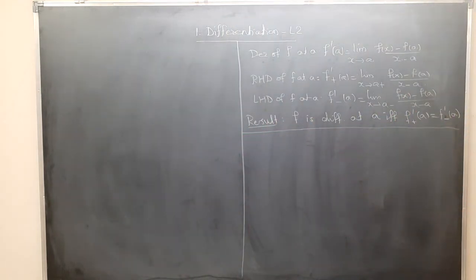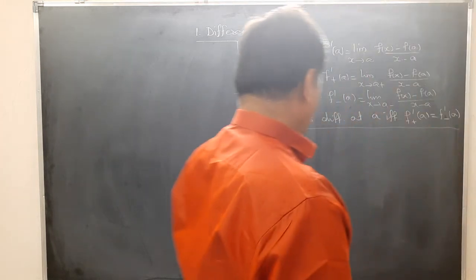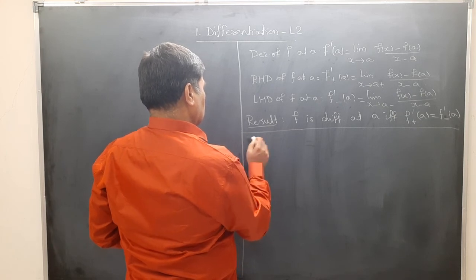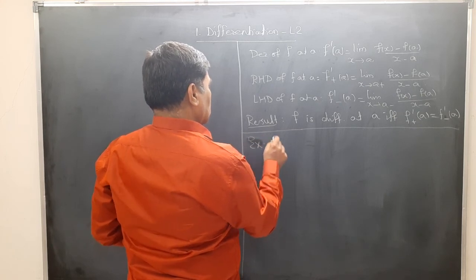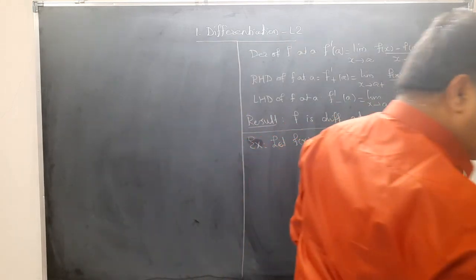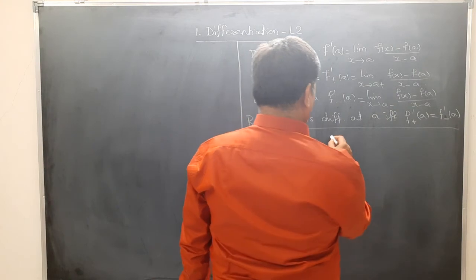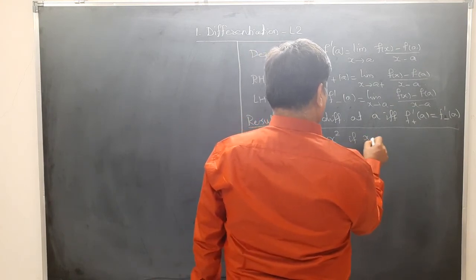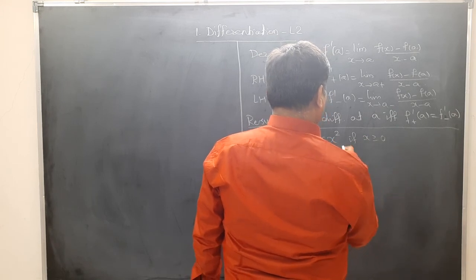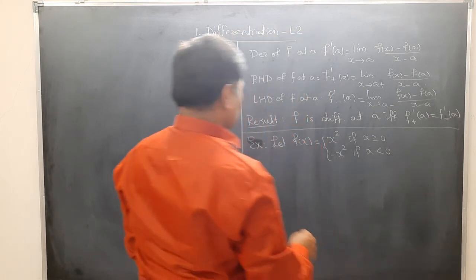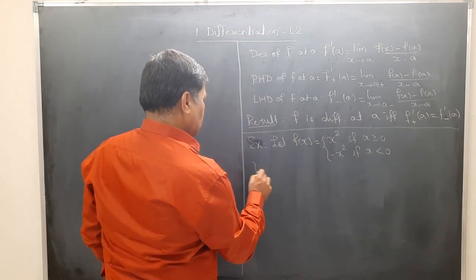Determine whether the following functions are differentiable at 0. Let f(x) is equal to x square if x is greater than or equal to 0, and it is minus x square if x is less than 0.